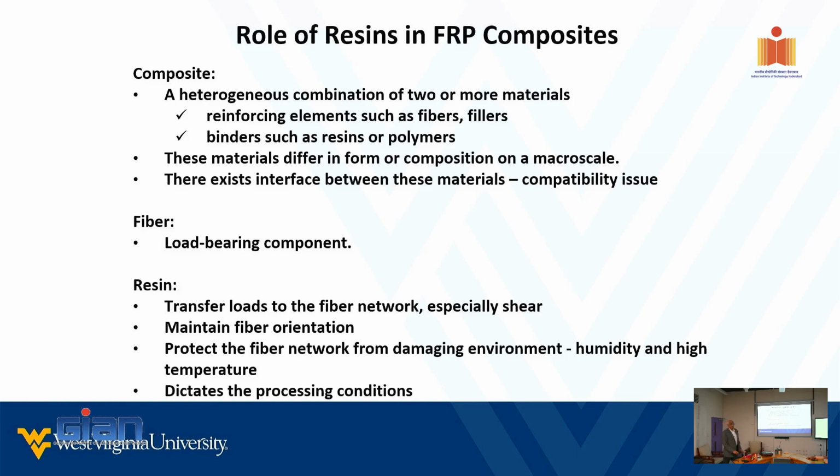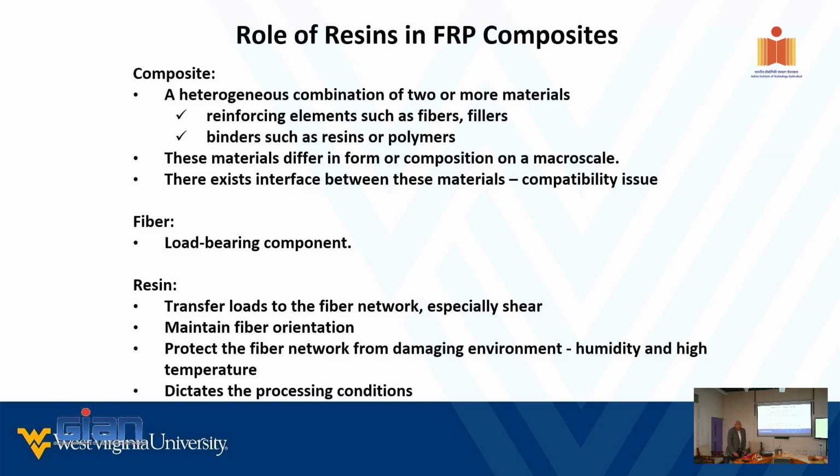All right. The fibers obviously are the load-bearing components. The resin transfers the load in terms of shear. The important role of the resin is to maintain the fiber orientation, protect the network of the fibers from environmental damage, and it dictates the manufacturing process conditions. What does that mean?